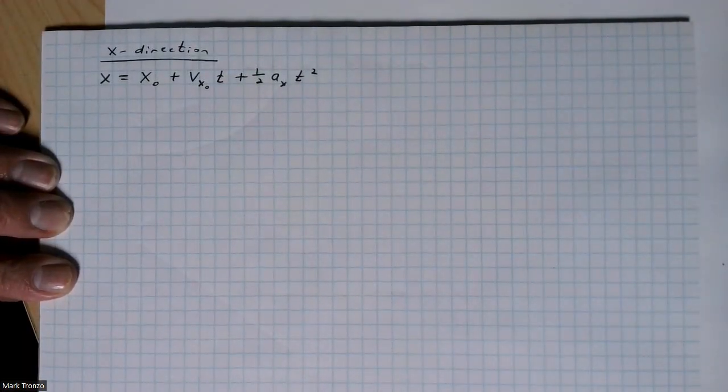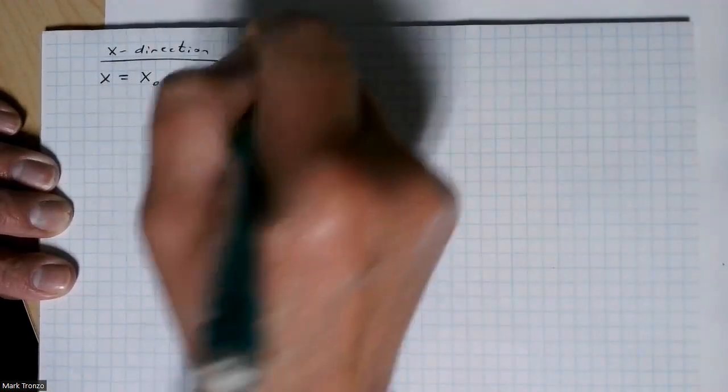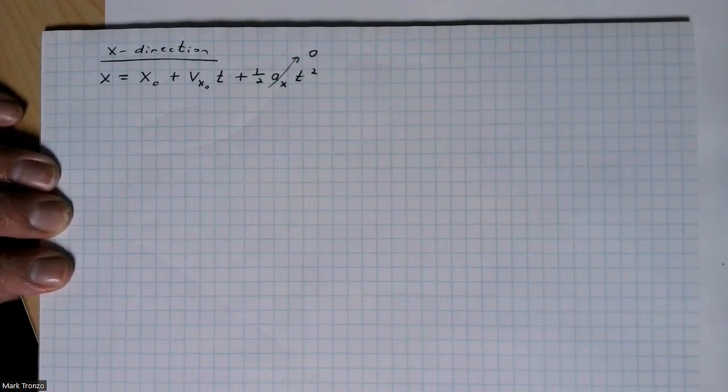Now, we know that there's no air resistance, so there's no acceleration in the x direction, so that's going to be 0.